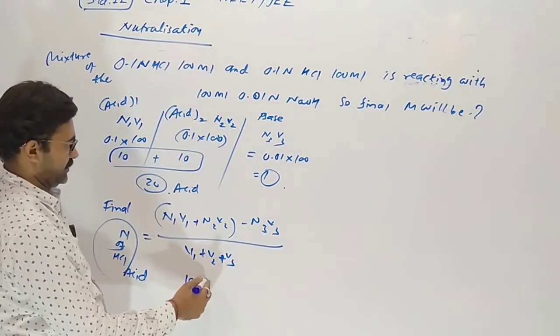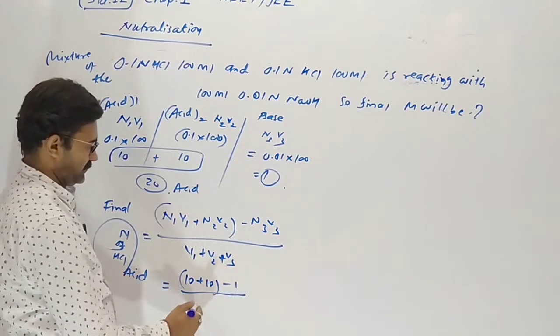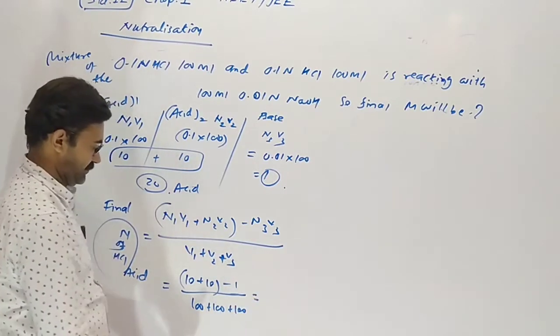So 10 plus 10 minus 1 upon 100 plus 100 plus 100.